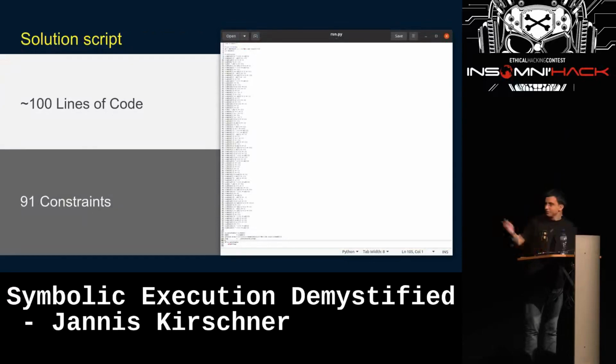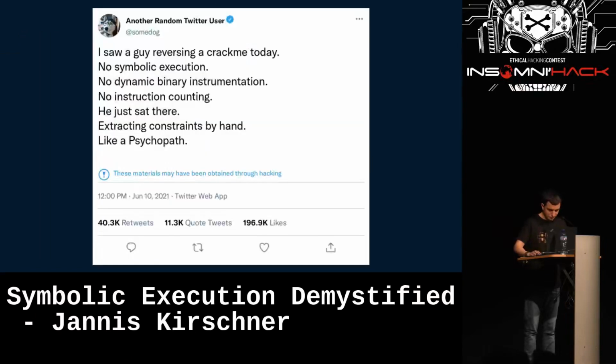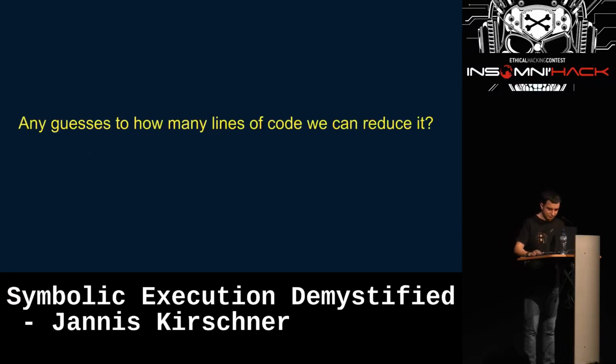100 lines of code, 91 constraints, lots of constraints for the code. So, if we're going to apply symbolic execution, do we have any guesses as to how many lines of code we can reduce it from around 100?